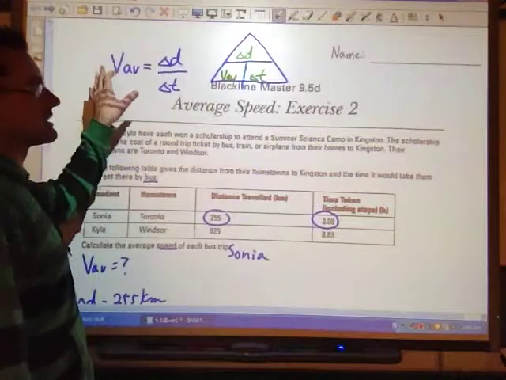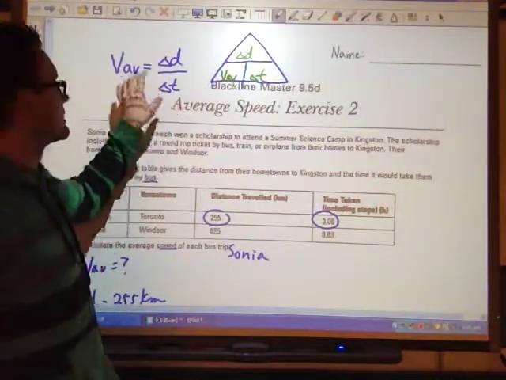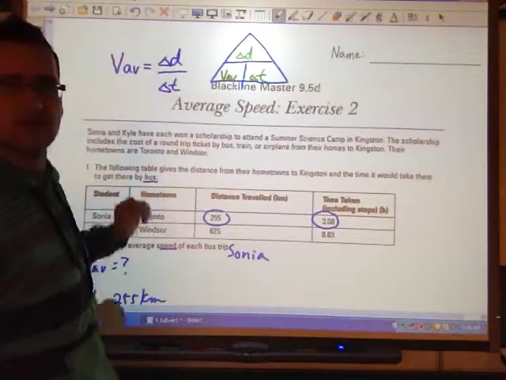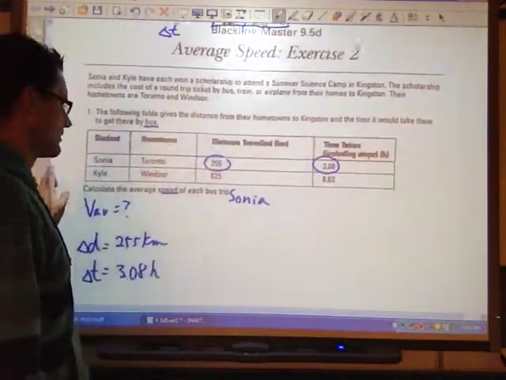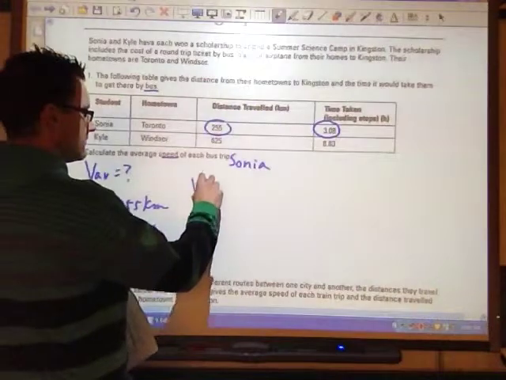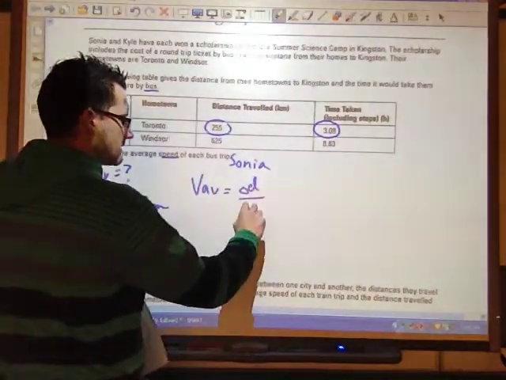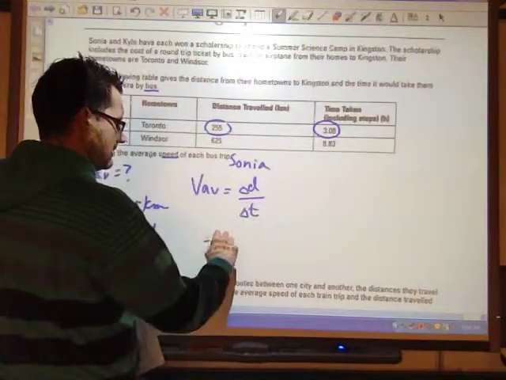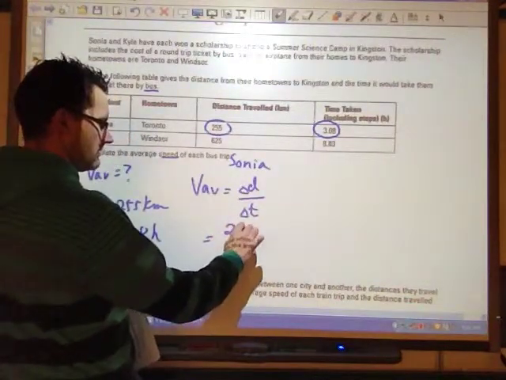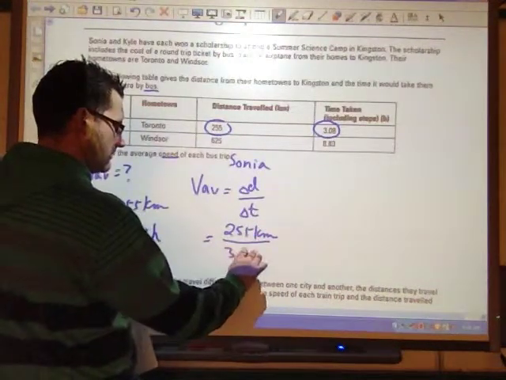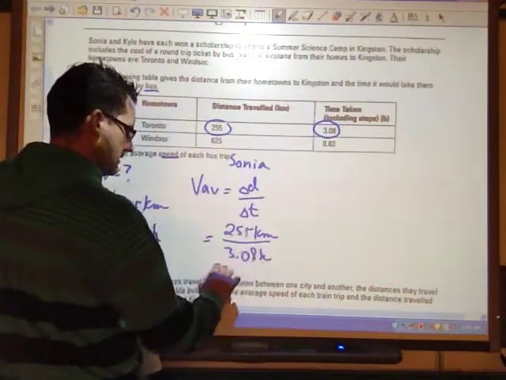Looking up here, we just simply use the original equation because V is isolated, and we're going to calculate by taking D divided by T. Quite straightforward there, gang. So V average is equal to delta D over delta T. And in our case, we have 255 kilometers divided by 3.08 hours.